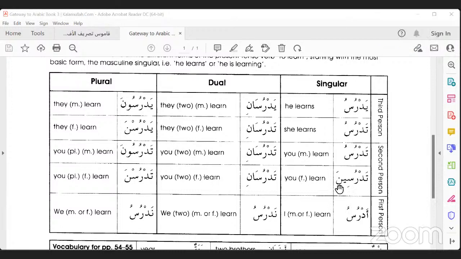Continue. Tadrusina. And then two female, tadrusani, and tadrusna, you all female learn. And then adrusu, I learn, and nadrusu, we, two or more than two, male or female, both.